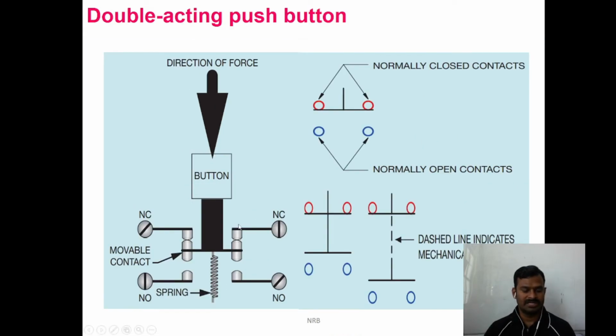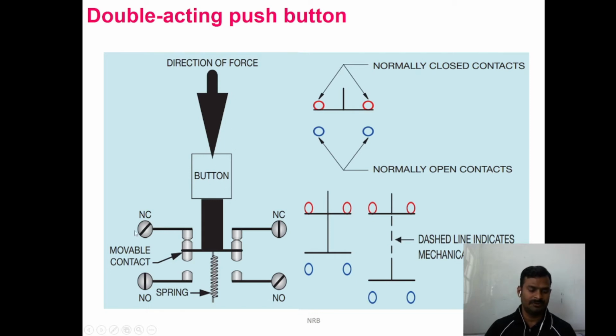In the double acting type, as I told you, we have one NC contact as well as one NO contact. The NC contact is always making contact with this one NC terminal, and here there is no contact until you operate the switch.